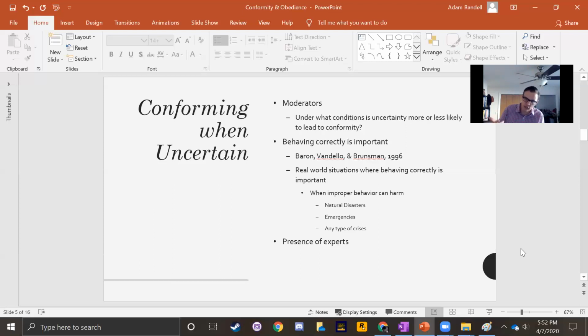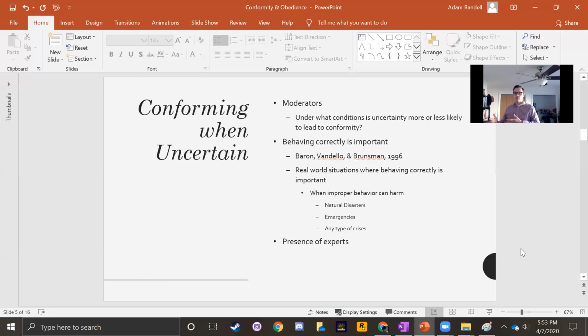In these situations, doing the right thing is really important. And if you don't know what the right thing to do is, then you're susceptible to informational social influence. You look to others for information about what the right thing to do is. All right. So one moderator is the importance of being right.